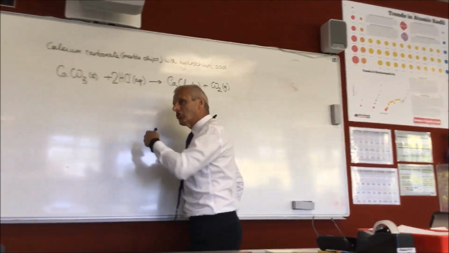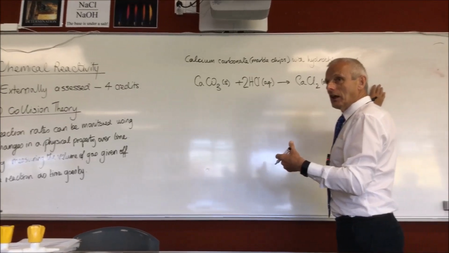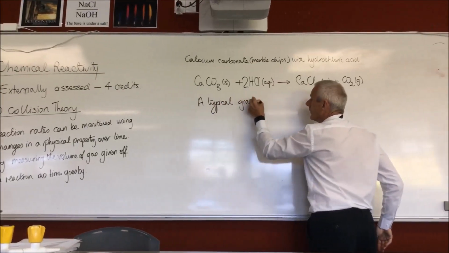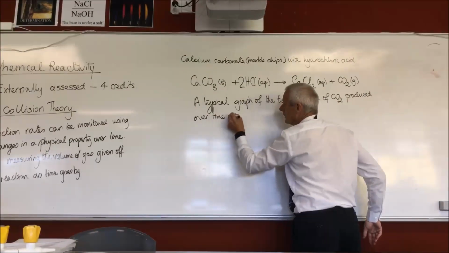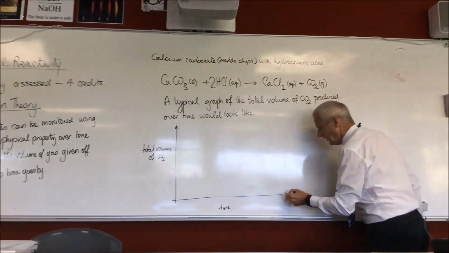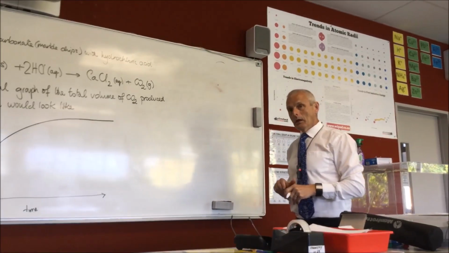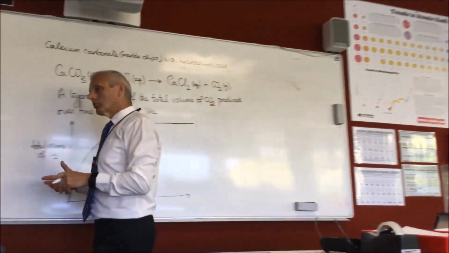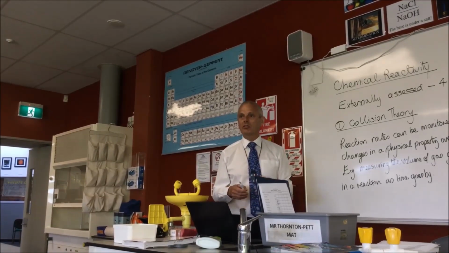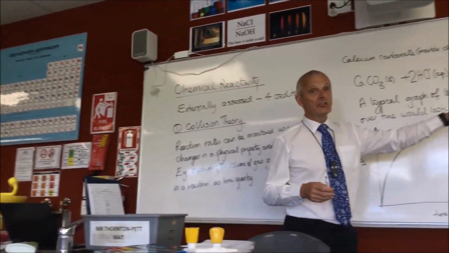So if we were to look at a typical graph of the total volume of this gas that's given out over time, and any reaction, most reactions that are commonly encountered, which we can measure a reaction rate in some way, will give a profile that looks like this curve.